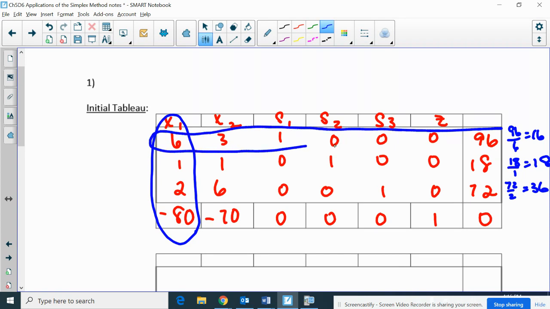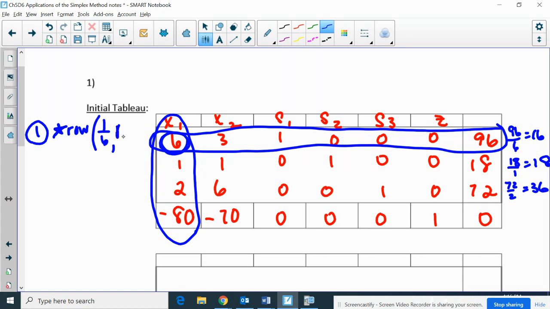So this top row is my pivot row. That makes 6 my pivot element. And I now want to turn that pivot element into a 1. So I'm going to star row. I'm going to multiply it by 1/6, matrix A, and I'm multiplying row 1. So now I'm going to switch over.